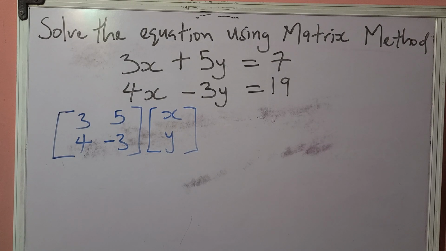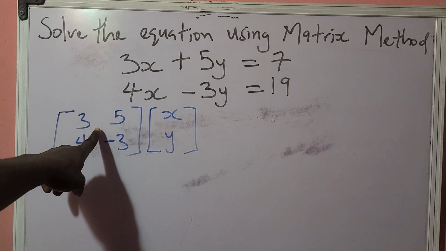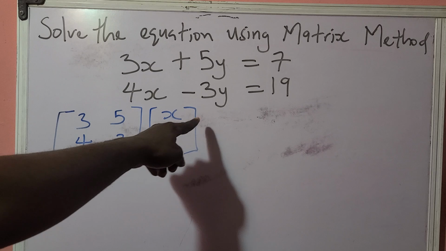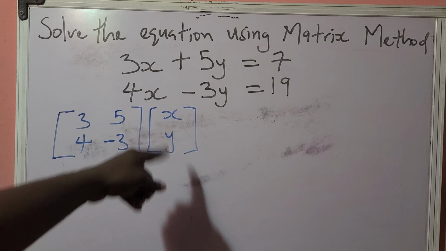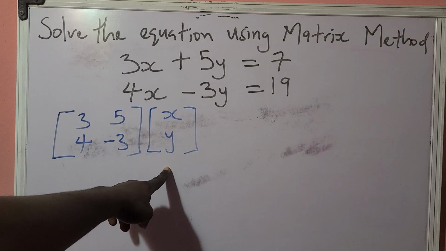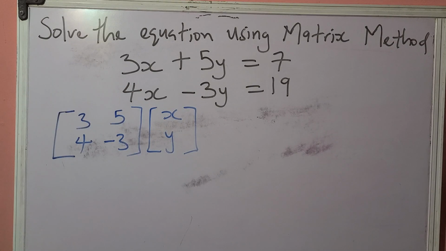What this does is just change the form of the equation to more like a matrix. If you make the multiplication between these two matrices, this is a 2 by 2 matrix, 2 rows and 2 columns, while this is a 2 by 1 matrix, 2 rows and 1 column. If you multiply them, you will arrive at these two equations.